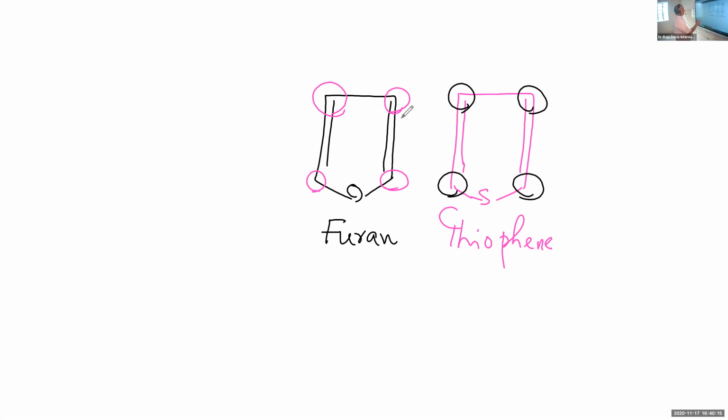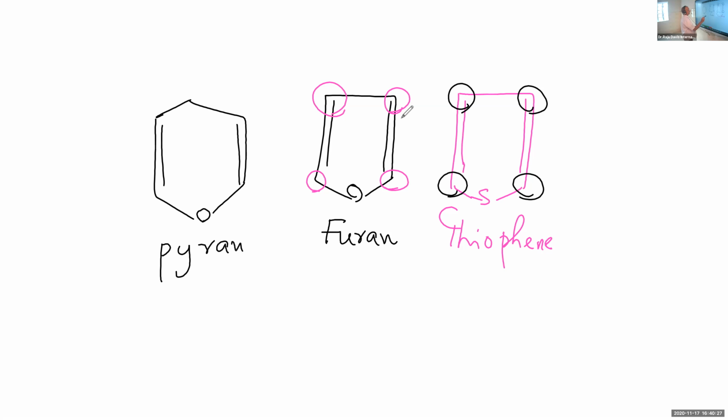Similarly, you take pyran, a structure like this. Here there is oxygen, and this is pyran, a heterocyclic compound. In the ring, there is an oxygen atom.